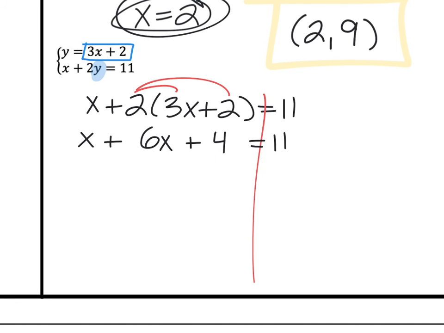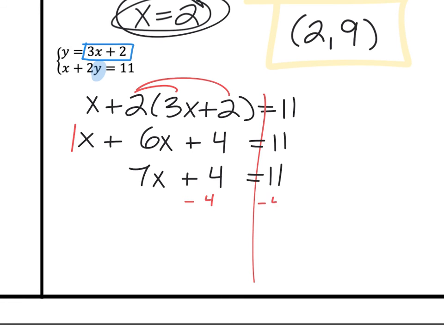Can I combine like terms? Yes. Okay, remember this is a 1x. So when I combine like terms, what do I get? 7x. Undo the 4 by subtracting.